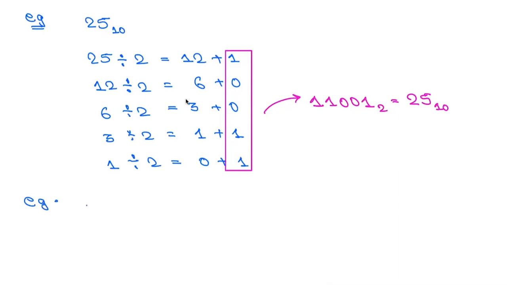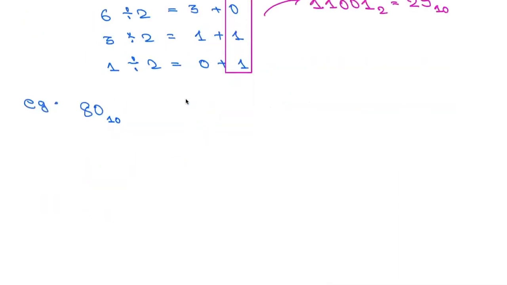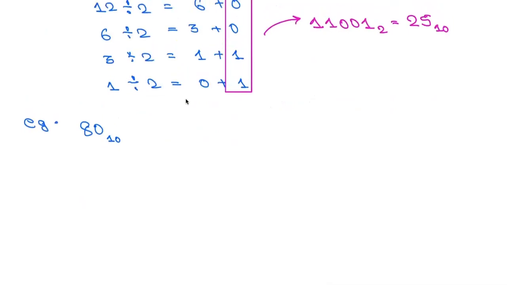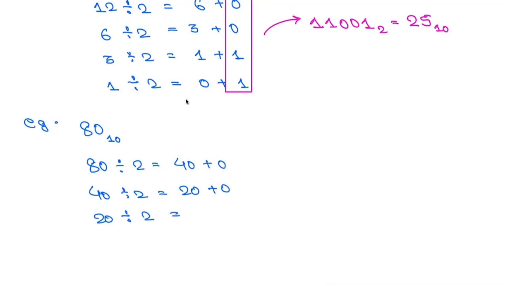Let's say 80. We'll try 80. 80 divided by 2 will give us 40 plus 0. 40 divided by 2 will give us 20 plus 0. 20 divided by 2 will give us 10 plus 0.